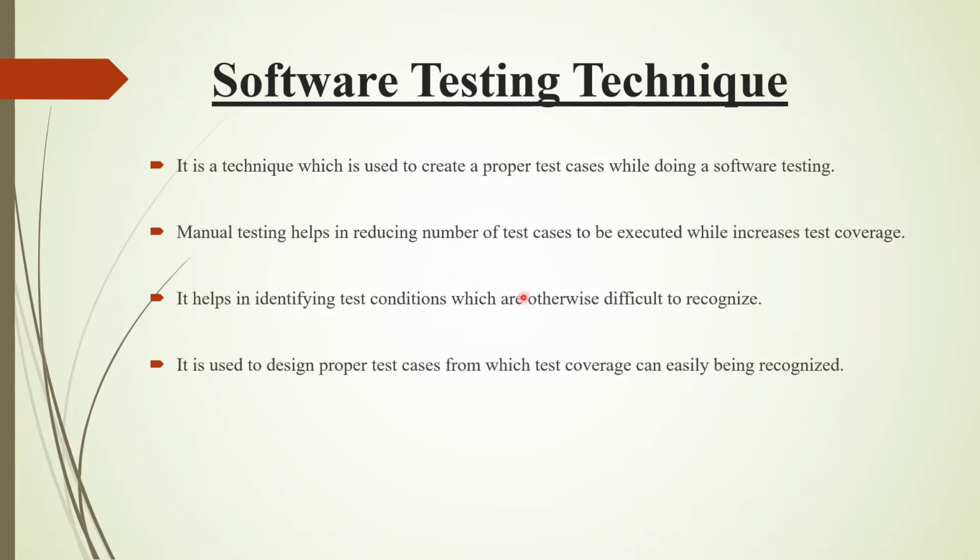It helps in identifying test conditions which are otherwise difficult to recognize. It is used to design proper test cases from which the whole test coverage can easily be recognized.